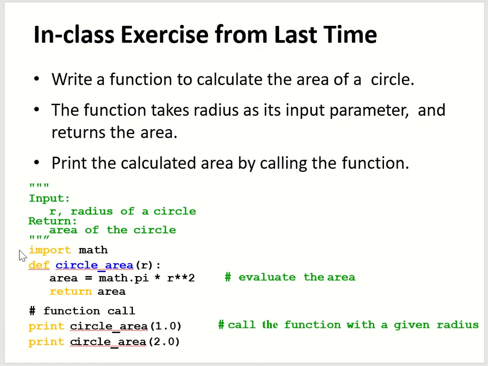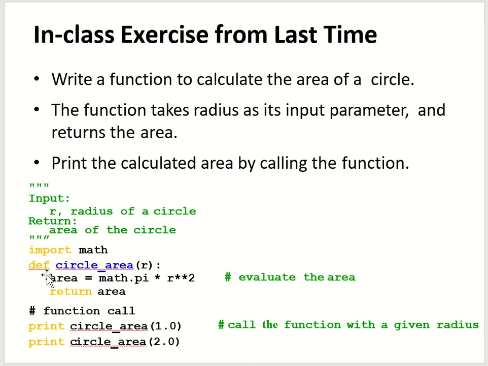First line here is to import the math library. We see that being used to get an accurate, precise value of pi for area calculation. Then finally in these lines, our circle_area function is defined. It takes one parameter called r.